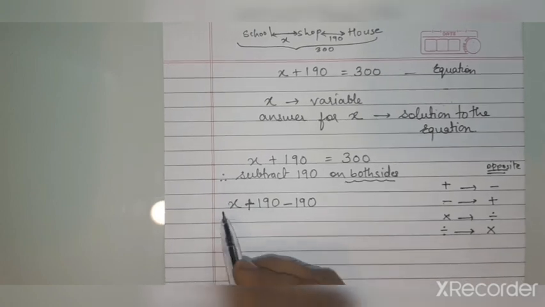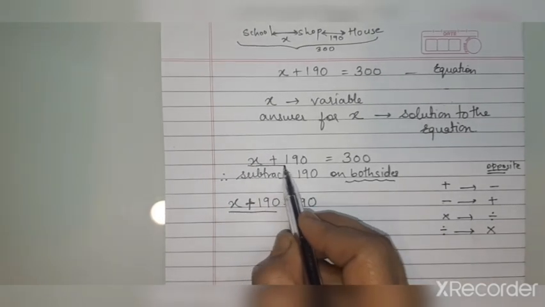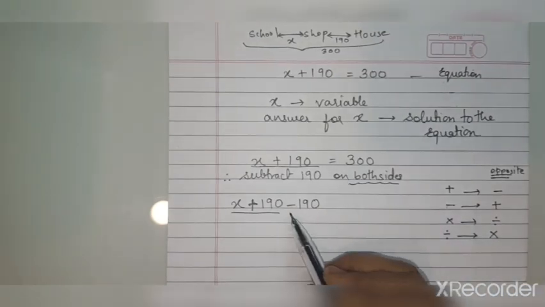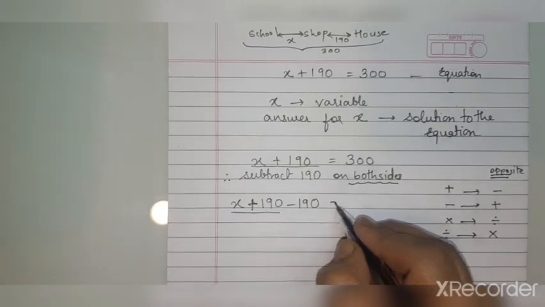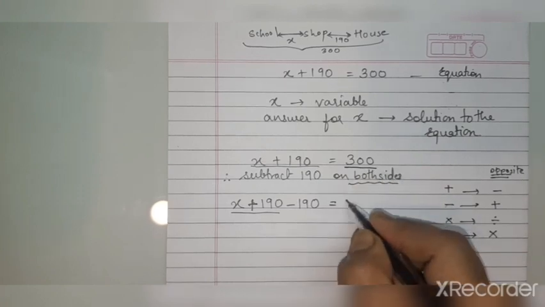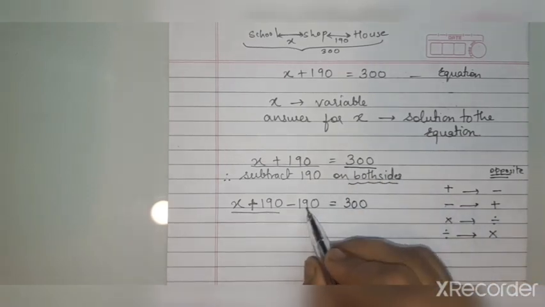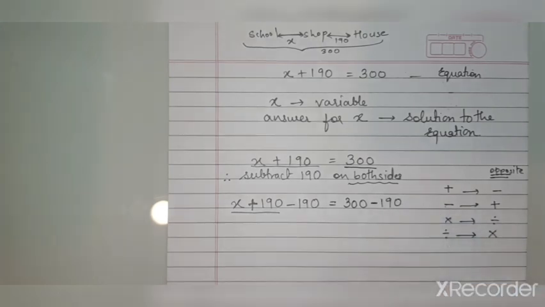You can see here I have written it. I have not changed that. I have only added something opposite to it: plus 190, I have written minus 190. Same thing I have to do on the right hand side. First I write what is in the equation, that is 300, and then I do on the right hand side also what I have done in the left hand side.